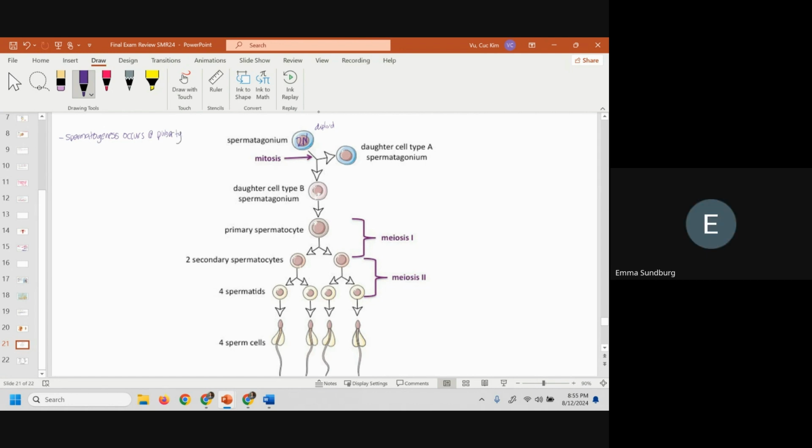And then it lasts 74 days, right? That's interesting. It's not that it lasts 74 days, but it lasts the male's entire lifetime. The reason for that is because they're producing new sperm all the time. So that's one major difference.